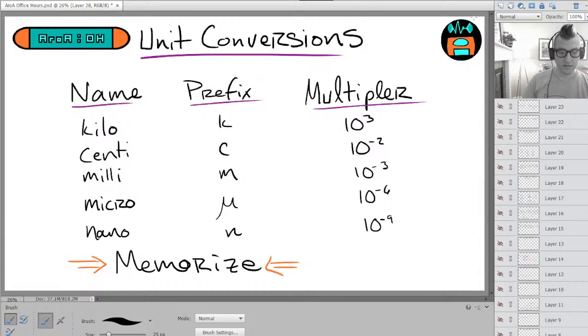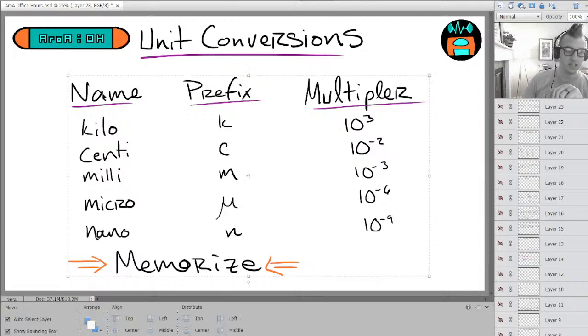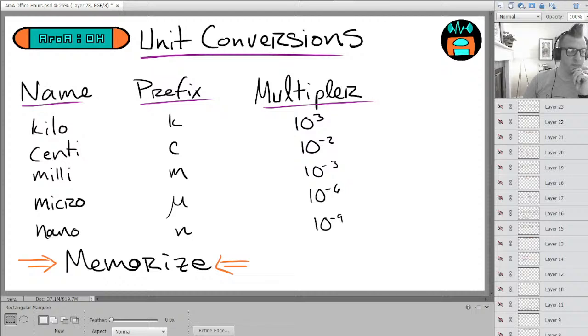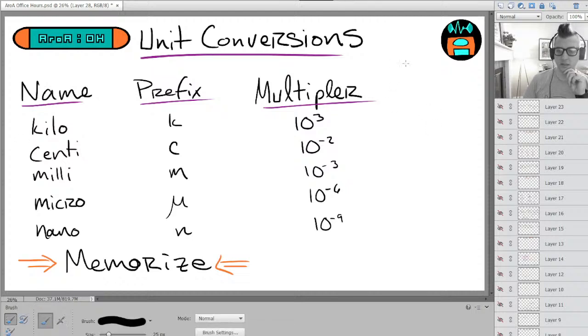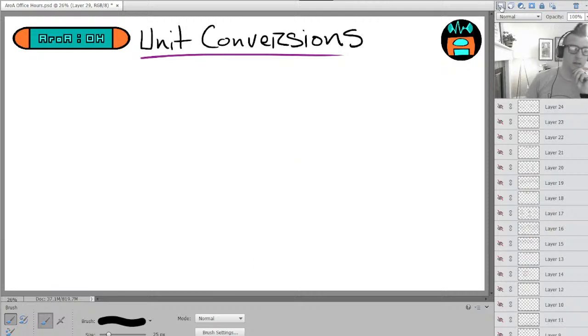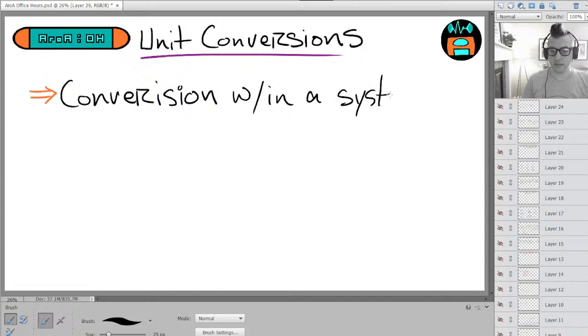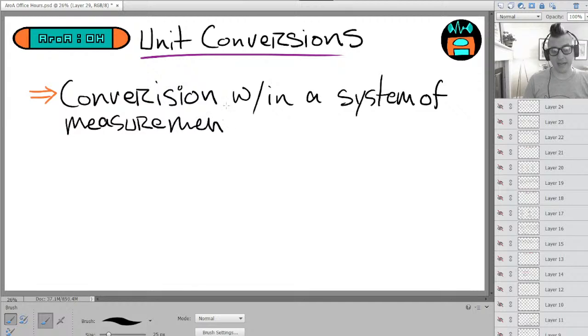I should mention one thing before moving on, and that is, conversions within a system of measurement are exact.